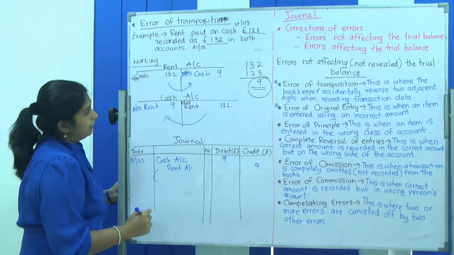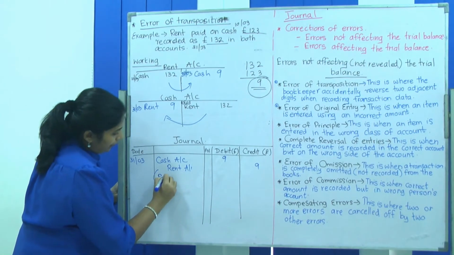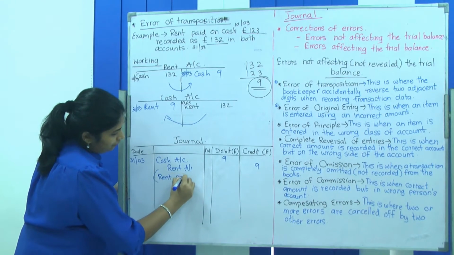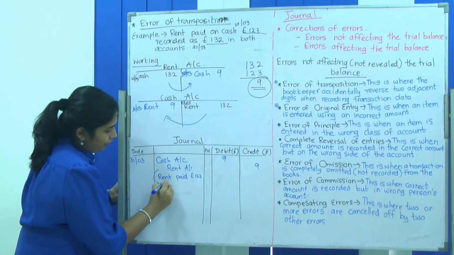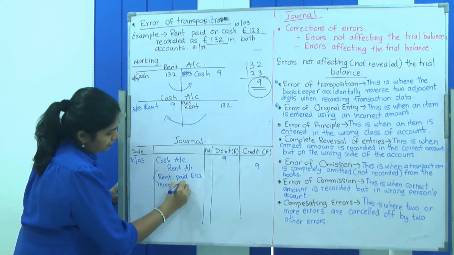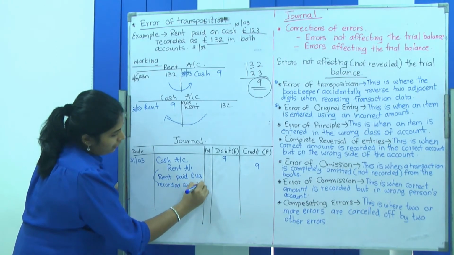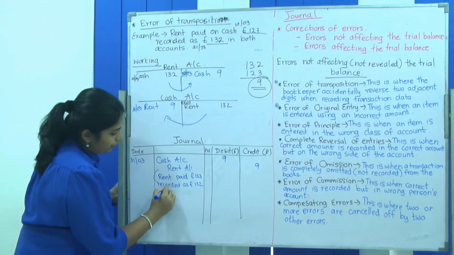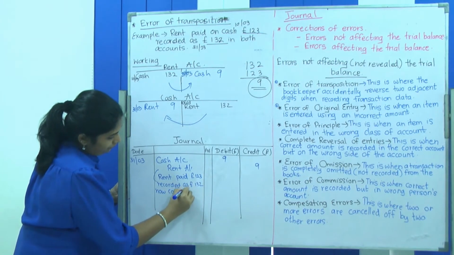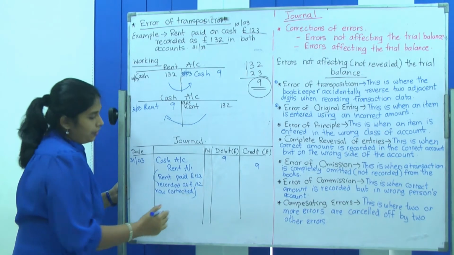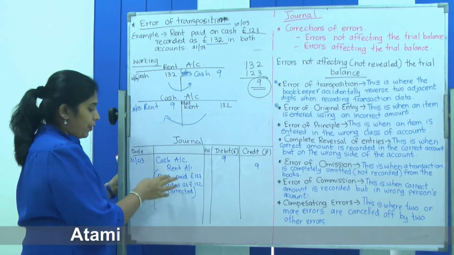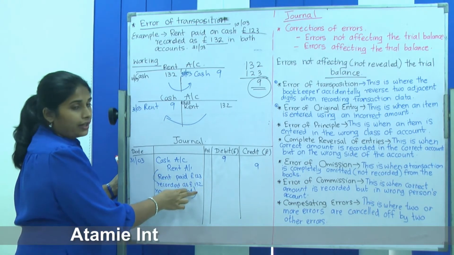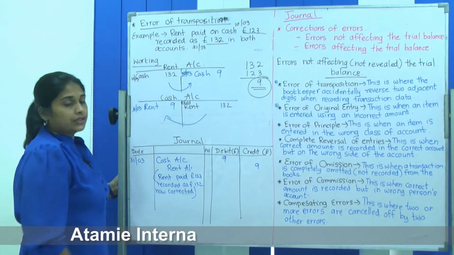And the narrative will be recorded: rent paid 123 pounds, recorded as 132 pounds, now corrected.